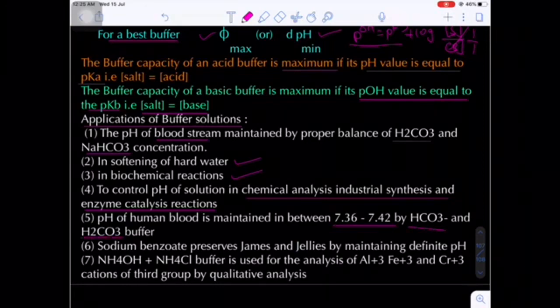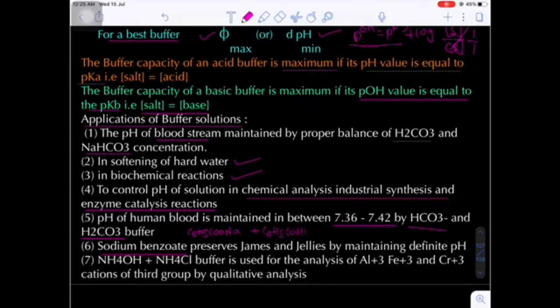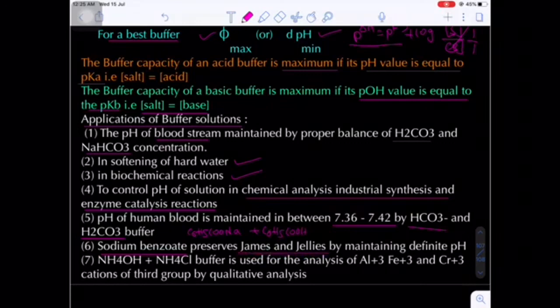Already I told you the pH of blood is 7.36 to 7.42, which is maintained by bicarbonate and carbonic acid. Now sodium benzoate, C6H5COONa, with benzoic acid, is an acidic buffer.